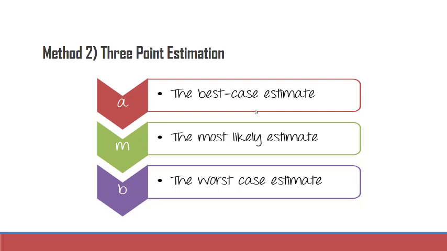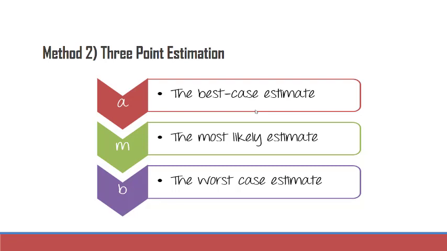So the worst case estimation is also required. So basically these are the 3 estimations which you need to fill as a member, and your manager will require these to calculate the efforts further. So these are the 3 estimations which you need to provide.